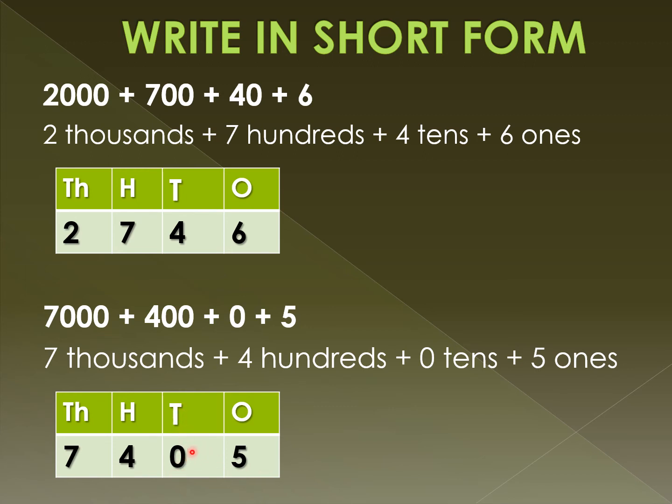Even if there's nothing in the tens place, you need to still put that 0 in the tens place in the place value chart to complete the number. So that's how 7000 plus 400 plus 0 plus 5 in short form is written as 7405. So that's how we write a number in short form.